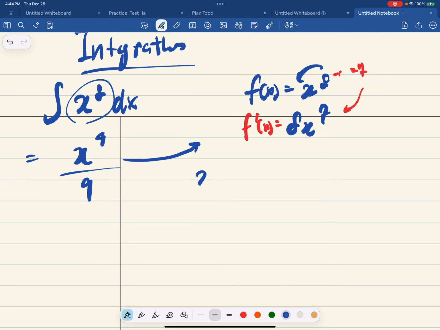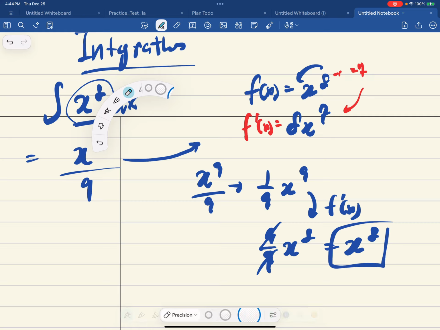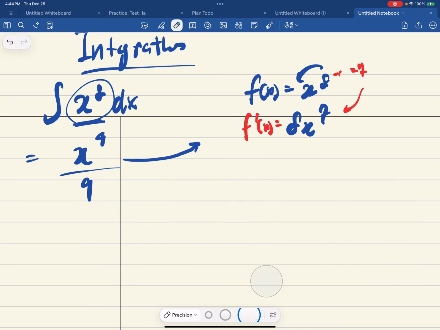So if I derived this function instead, which is basically 1 over 9 x to the 9, turning it into f prime, well, we have 9 over 9 x to the 8, where 9 over 9 basically cancels out, so it just gives x to the 8, and that's true because that's the original one we got. So yeah, with integration, you can check your work by doing the derivative instead to find out if it gives the same thing.